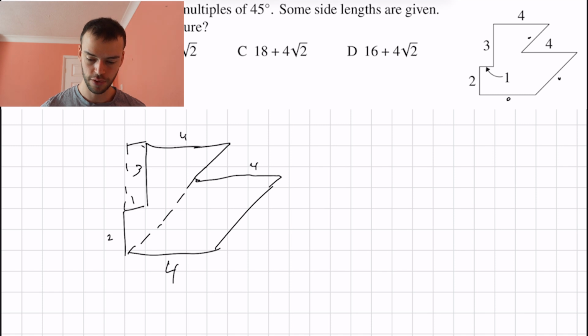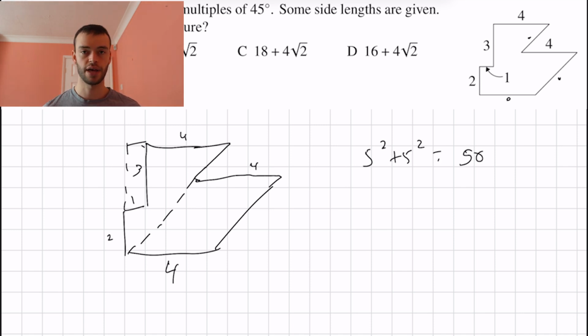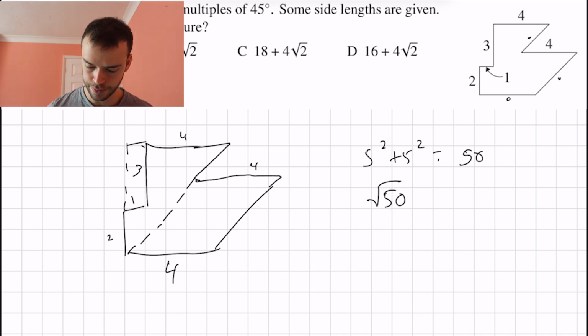Cool. So I've got this side length, which is 5, and this side length, which is 5. So let's do 5 squared plus 5 squared. That gets me 50. So therefore the length of that big diagonal is root 50. And so this distance plus this distance is root 50.